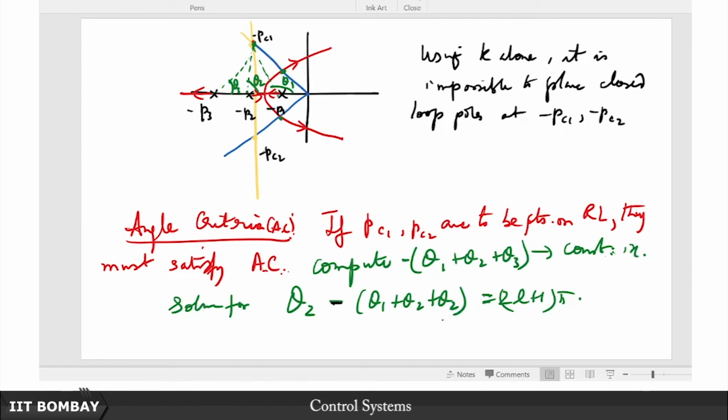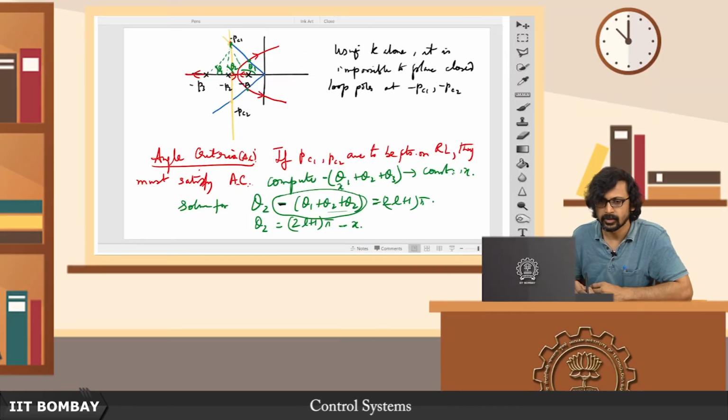And now you notice that this tells me that theta z should be this 2l plus 1 times some odd multiple of pi plus this x, or rather if I have denoted it by a minus sign, then it should be minus x. So this whole thing is minus, this whole thing is x. If this whole thing is x, then of course it's minus x.